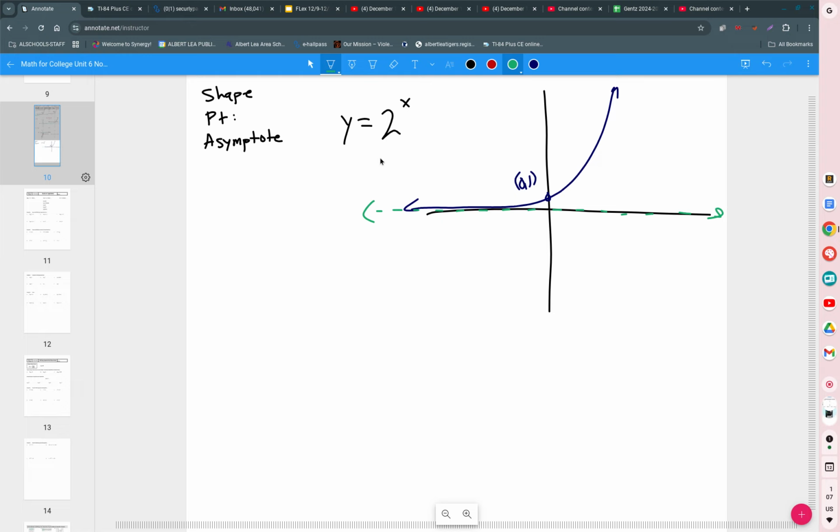I now want you to look at the one right below it. Y equals 1/4 to the x.